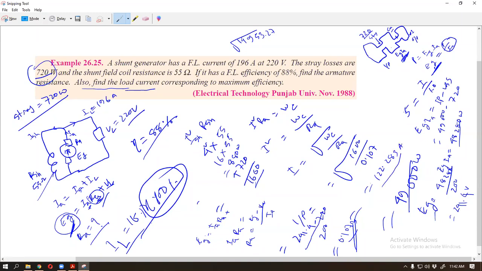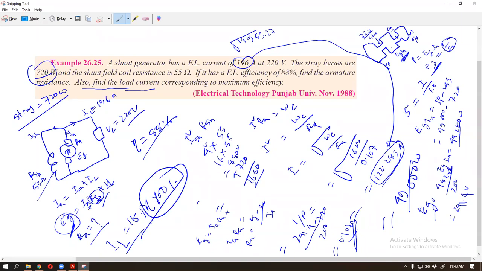Okay, this current. If your efficiency is maximum, then this is not the 196 current. This current is this. Okay, so this is your answer.